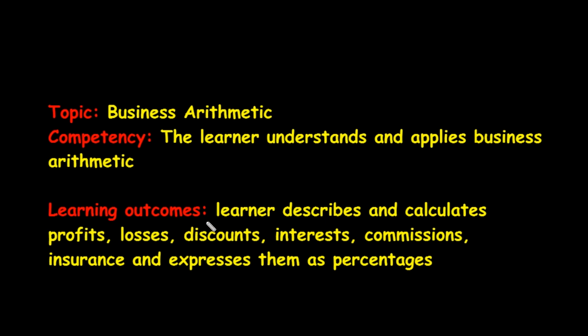Now we have the learning outcomes, and we are saying the learner describes and calculates profits, losses, discounts, interests, commissions, and insurance, and expresses them as a percentage. What do we mean? After understanding business arithmetic, you are expected to describe it.